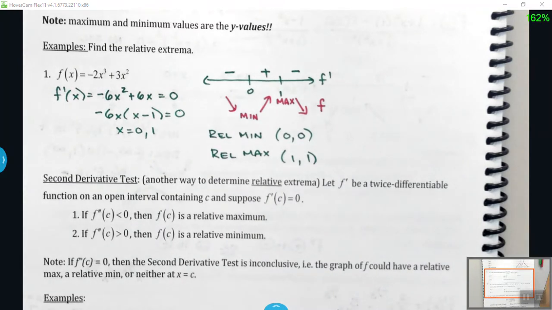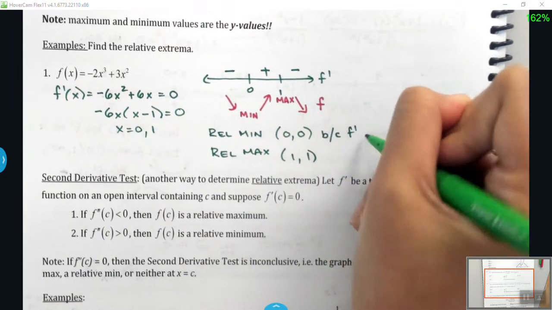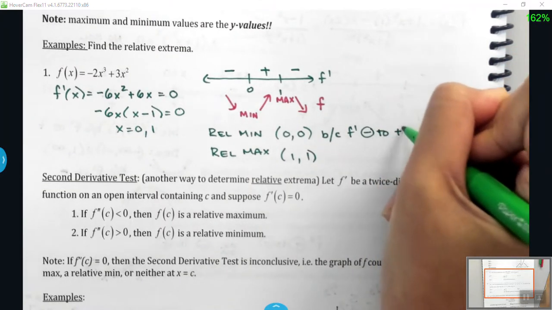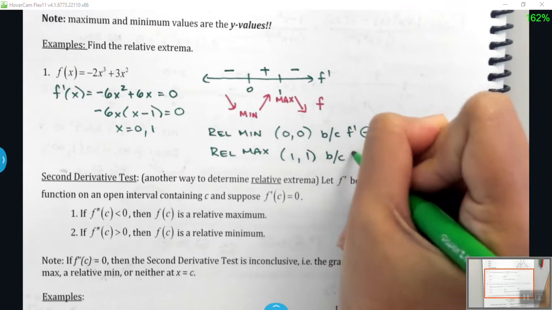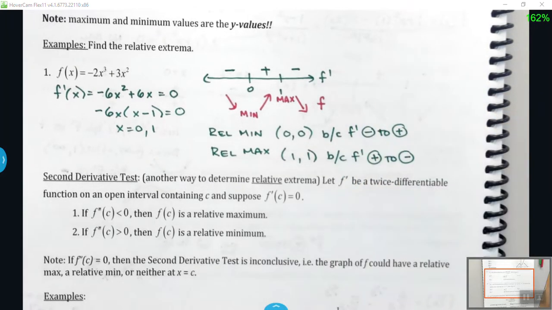Convenient. And if you wanted to justify your answer, you would say because f prime goes from negative to positive for the relative min, and then because f prime goes from positive to negative for the relative max.